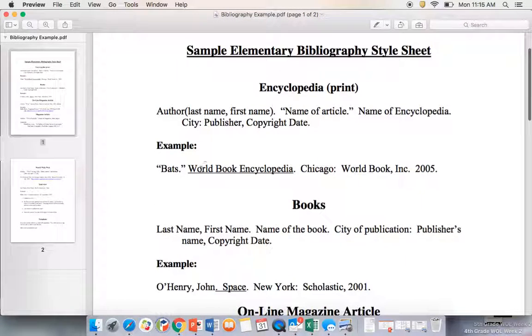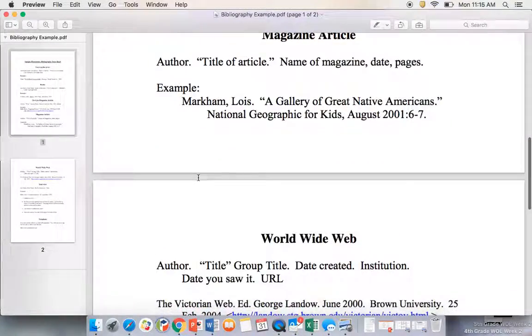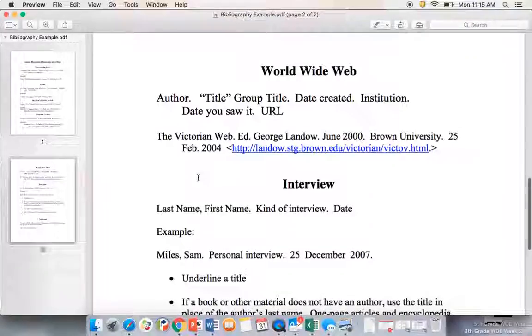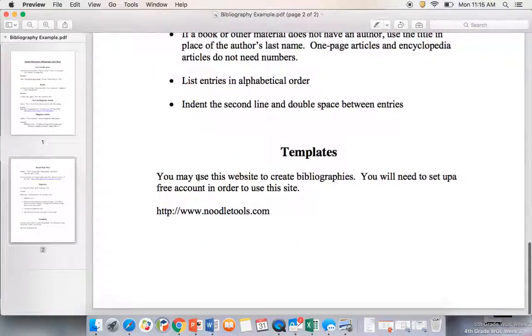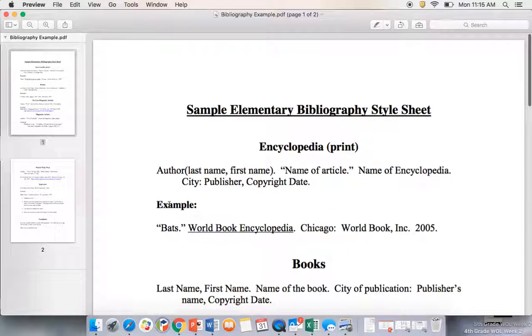You have the ways that you can cite an encyclopedia, a book, an online magazine article, a magazine article, the World Wide Web, an interview. There's all kinds of things that you can cite, and it tells you exactly how to do it. So this is what you want to use, this tool, and it'll be in your step 3. This is exactly what you want to use when you are creating your bibliography and writing those sources down.